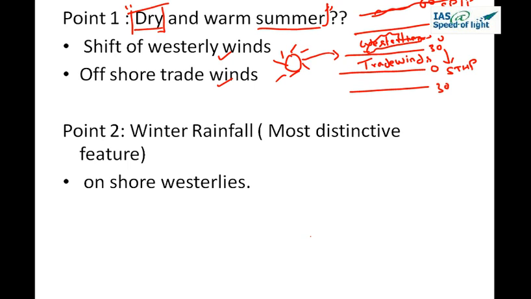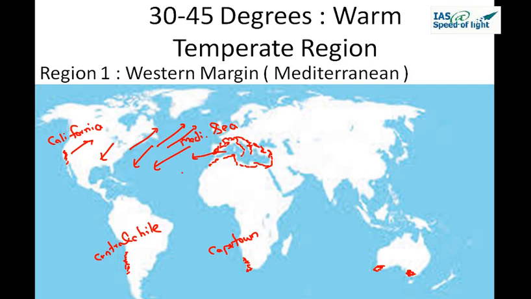The second is the winter rainfall. Now the question comes, how are they getting rain in winters then? When the sun is over the Tropic of Capricorn, the westerlies are going to shift southward, and they are definitely going to bring rain to these regions because now they can bring moisture, for example, from the Atlantic Ocean and here from the Pacific Ocean.